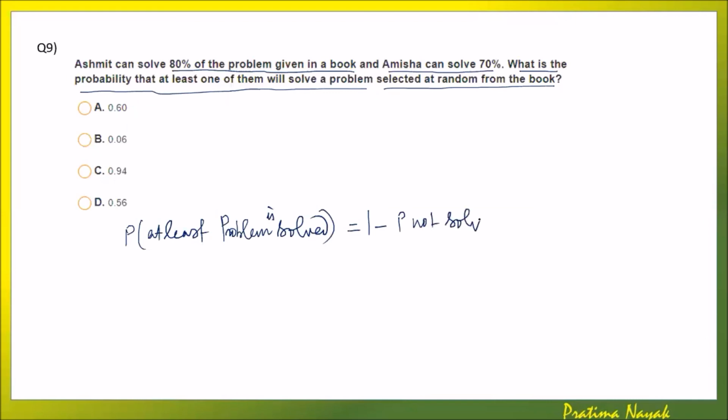We have discussed a similar question once, so you must have noticed that this is a very important concept. So probability of not solved means both are not solving.